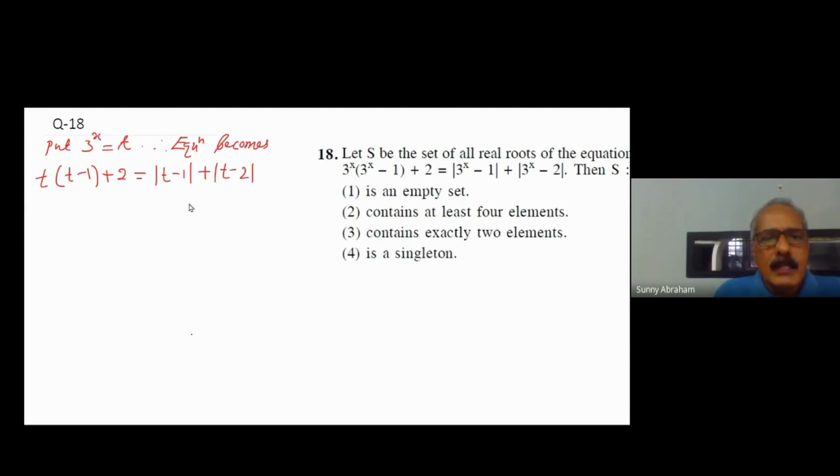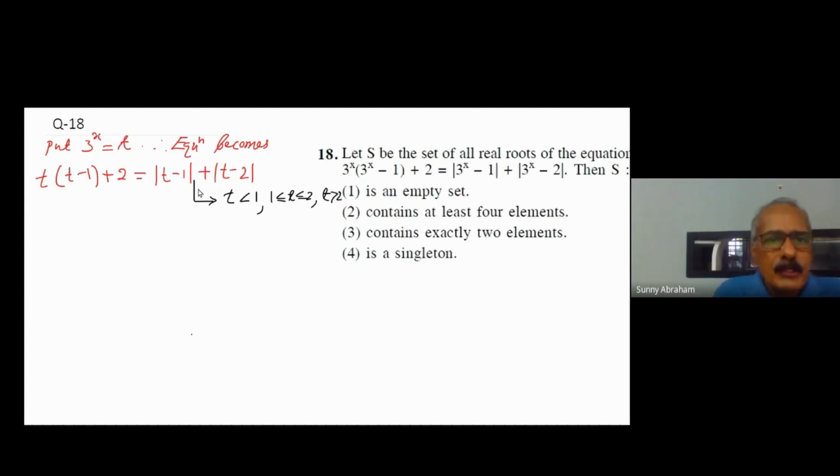So there are 3 cases arising. The 3 different cases are: 1, t is less than 1; 2, 1 less than or equal to t less than or equal to 2; and 3, t is greater than 2. These are the 3 cases. So we will discuss the cases one by one.